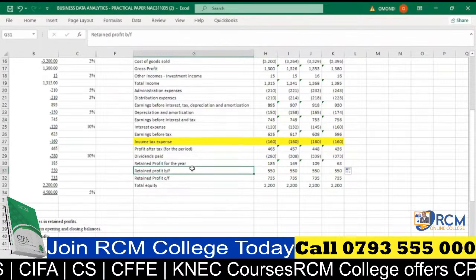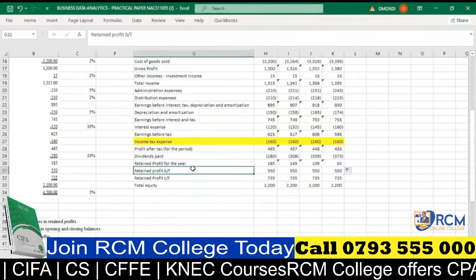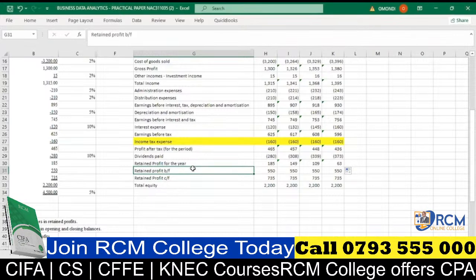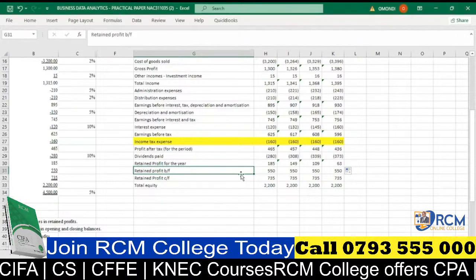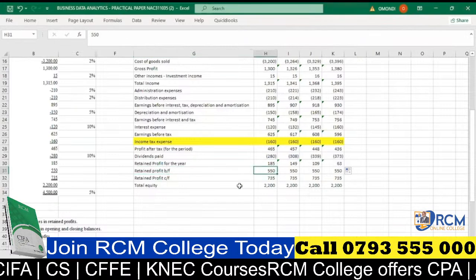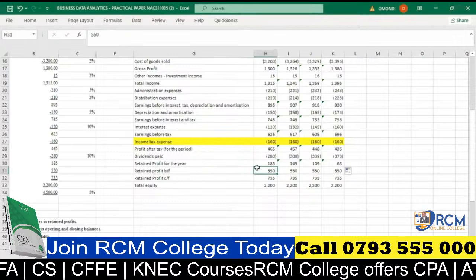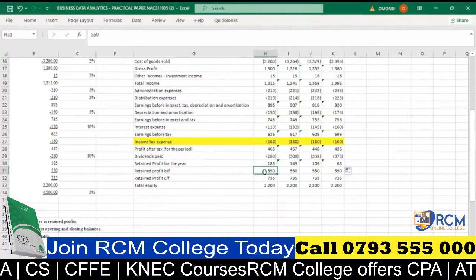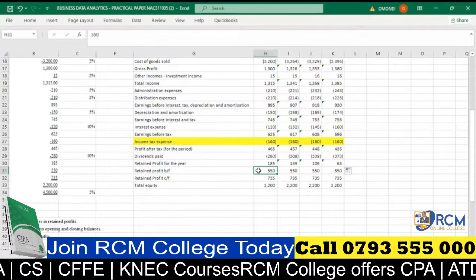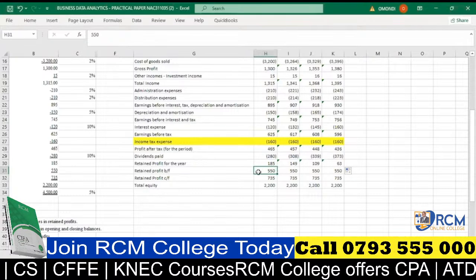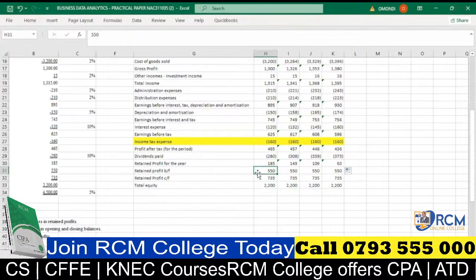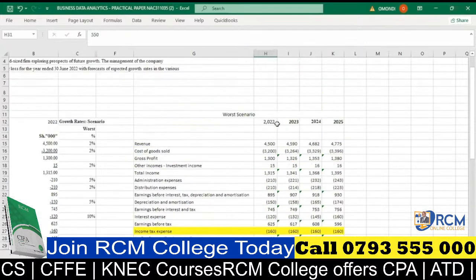So for 2022, we have retained profit brought down. This retained profit brought down is what was transferred from 2021.